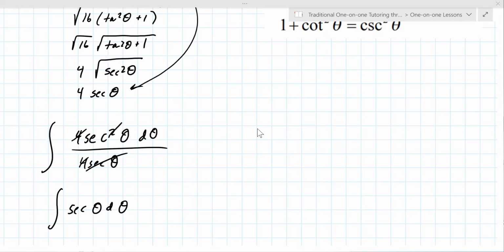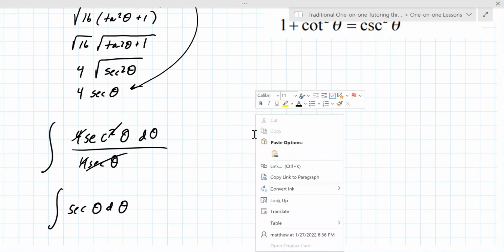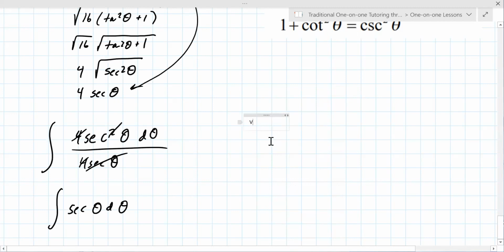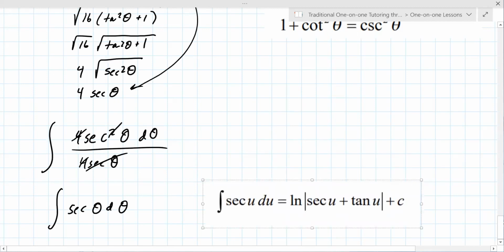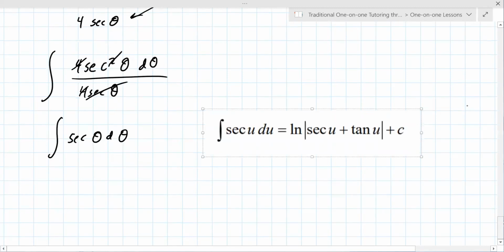I don't put this in the category of like, yeah, you should remember this, but your instructor might. This one is a known one in a table. So you get it down to this line and then you can just write the answer. All right. Yeah, that looks familiar.